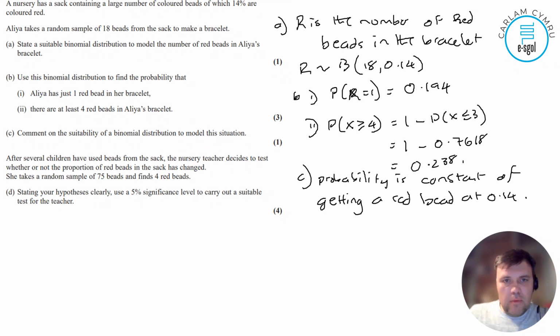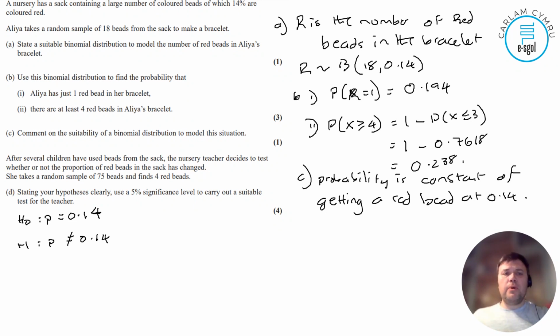So again, we stated R, so I can move on with that, and it's obviously 4 marks. So H0 is p = 0.14. Now H1, our alternative, is actually, we don't know if there's a change. We don't know if it's a positive change or a negative change. So we're looking to see what that change is.